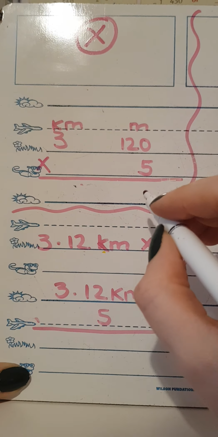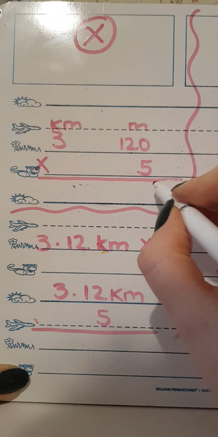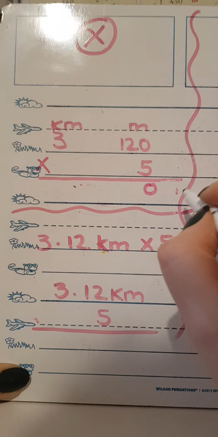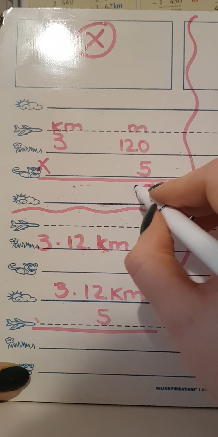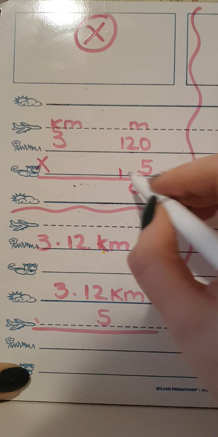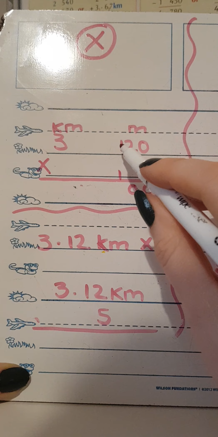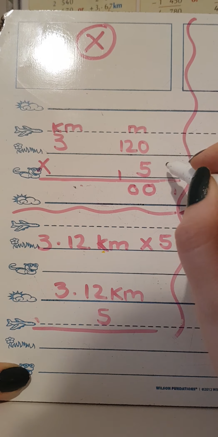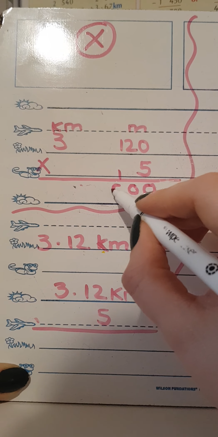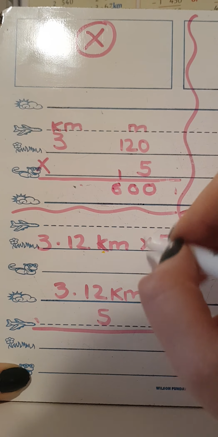So 5 multiplied by 0, 5 groups of 0, gives me 0. 5 multiplied by 2, so 2 groups of 5 or 5 groups of 2, gives me 10. Put down my 0 and carry my 1. 5 multiplied by 1 gives me 5, plus 1 gives me 6.